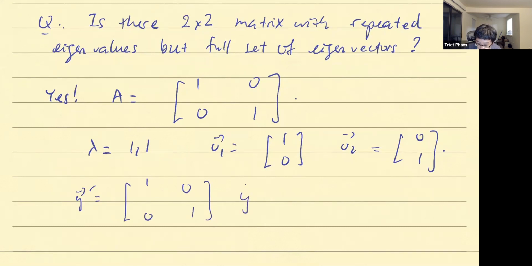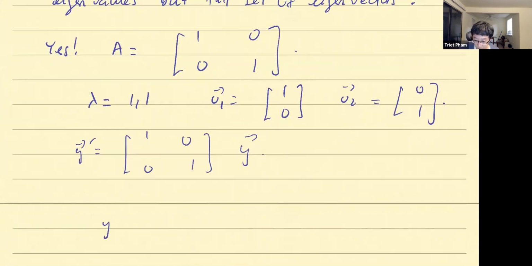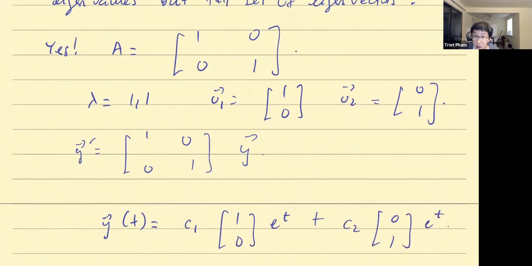I guess this is what Daniel means by degenerate. Degenerate in math means equal to 0, but I guess he says it's too simple. And of course it's too simple, no one would even consider this as a system. But suppose you view this from the point of view of the eigenvalue, eigenvector solution. What is the solution here? C1 (1, 0) e to a t, plus C2 (0, 1) e to a t.